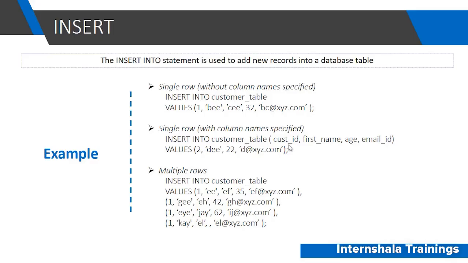To avoid this error, we need to mention the column names after the table name. So in this example, you can see the customer D does not have any last name. So we mention the customer ID, first name, age, and email ID as the columns in which value is to be filled, and then we give the values.